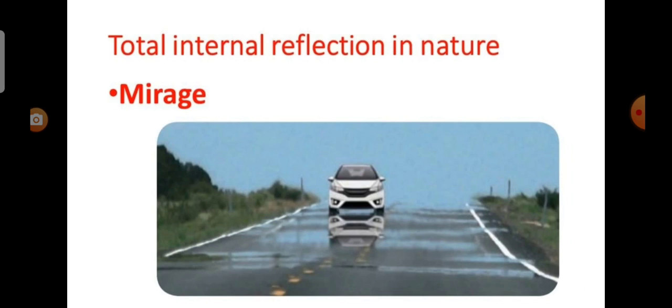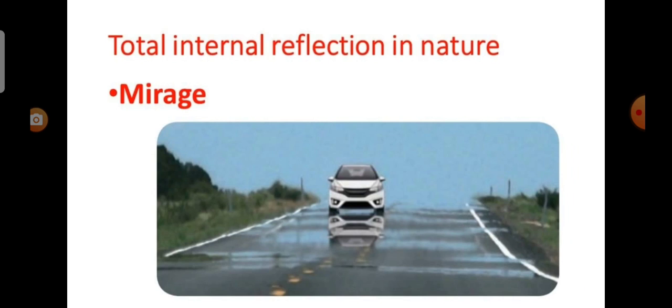Now we see total internal reflection in nature. First one is mirage. On hot summer days, a patch of water may appear on the road. This is an illusion. In summer, the air near the ground becomes hotter than the air at higher levels.